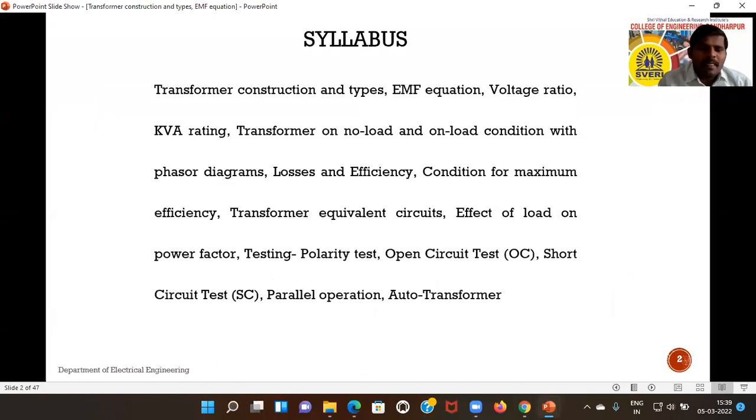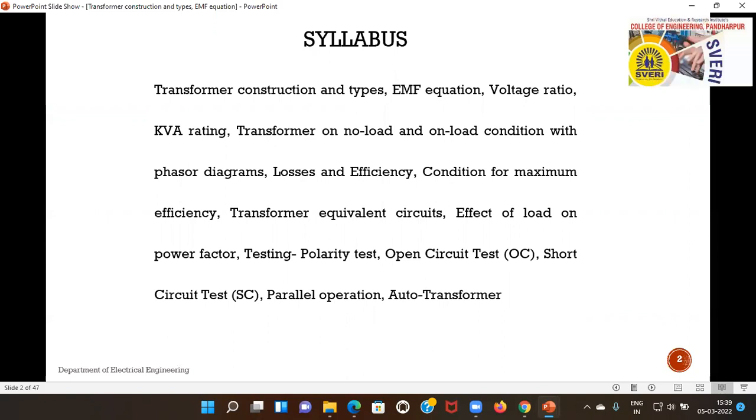This unit includes transformer construction and its types. That is the most important point: how the transformer can be constructed, what type of material can be used, and what are the types of single phase transformer.